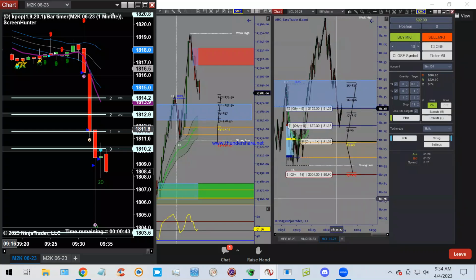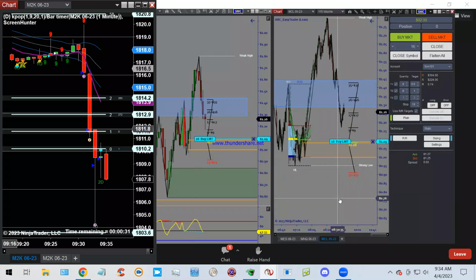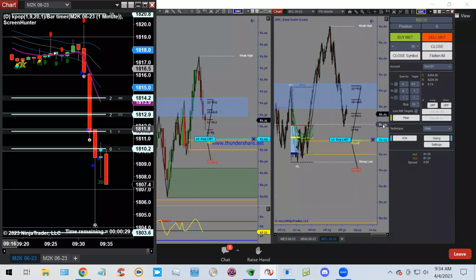Crude hasn't pulled back to the order block yet. We're going to set a limit order there for when it does, though. That SMC order block.